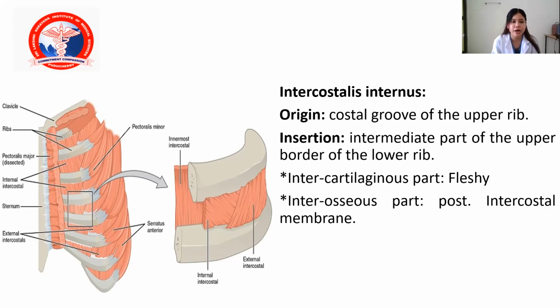The interosseous part is replaced by the posterior intercostal membrane only in the posterior-most part, not in the whole diameter of the spaces.